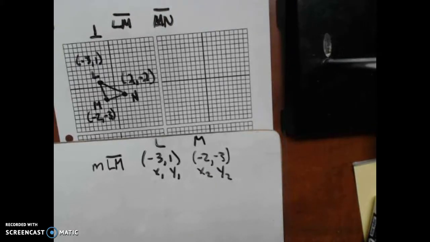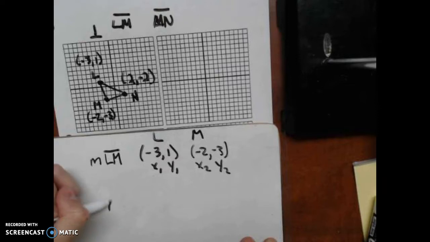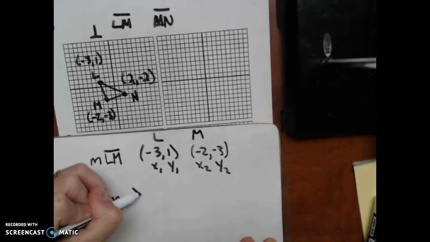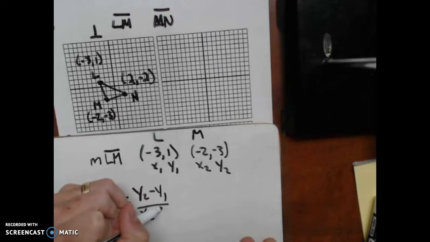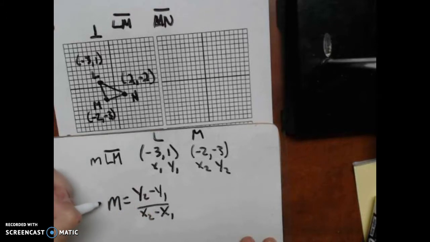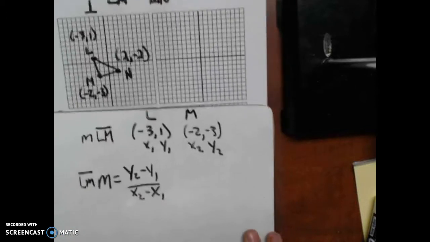Honestly, it doesn't matter which one you pick to be the first one and the second one. The math comes out the same. So slope is y2 minus y1 over x2 minus x1. Again, this is the slope of LM.